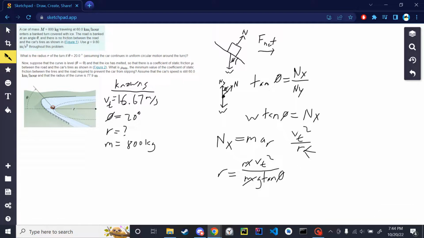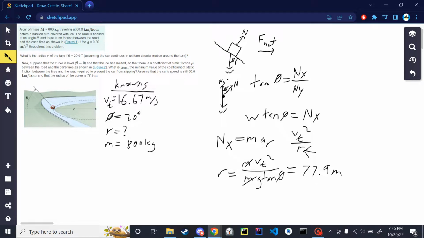And so we got 16.67 squared divided by gravity times tangent of 20, which is going to get us 77.9 meters. So the main problem with this one is trying to figure out the x component.